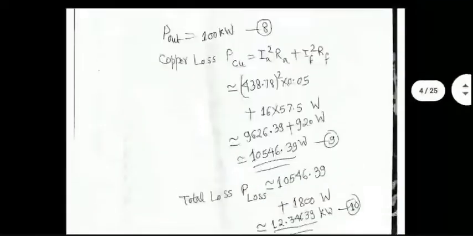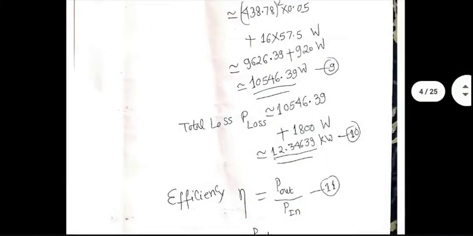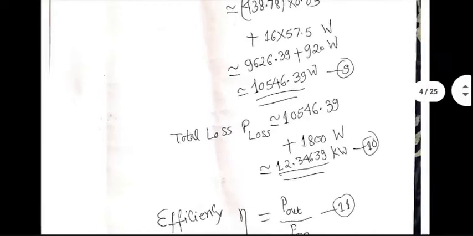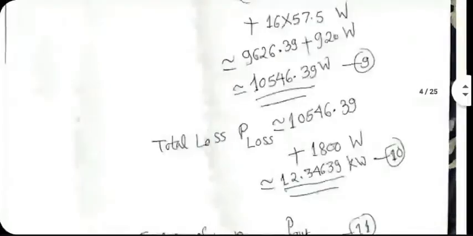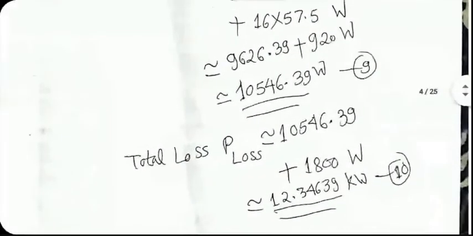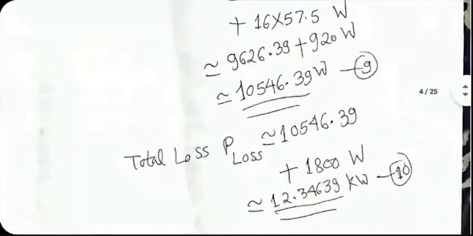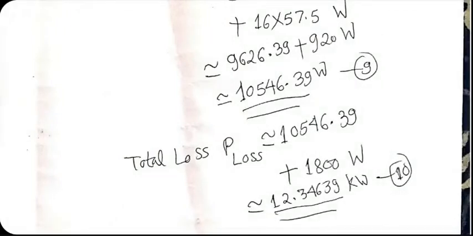You take copper losses and add 1800 watt to them to get the total loss of power between output and input. So the total lost power is 12.34 something kilowatt.